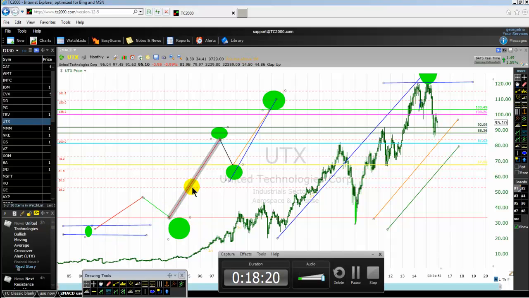We can also use, as I explained to you before, the projection of the consolidation before the 1st wave breakout. We keep projecting the width of the consolidation here, that we want to watch each point.